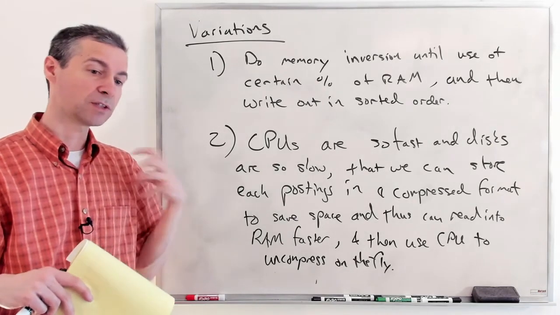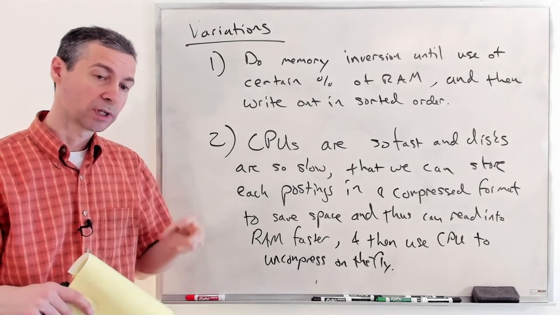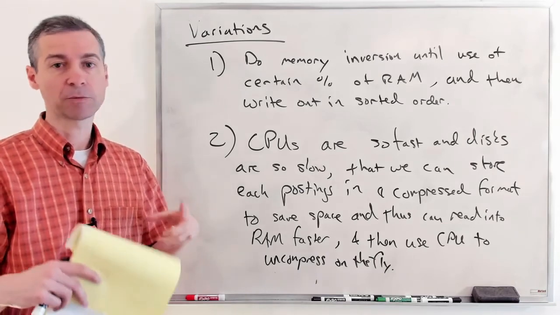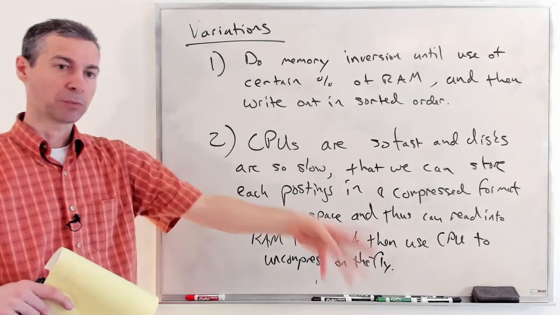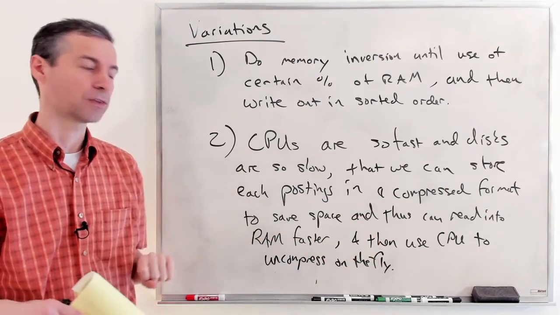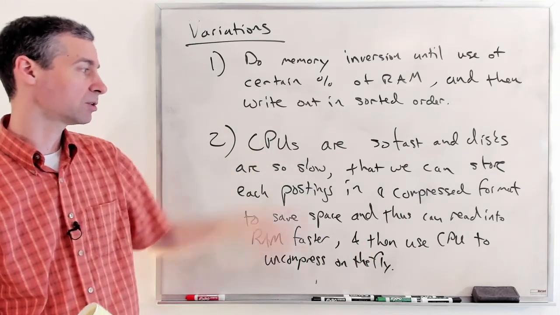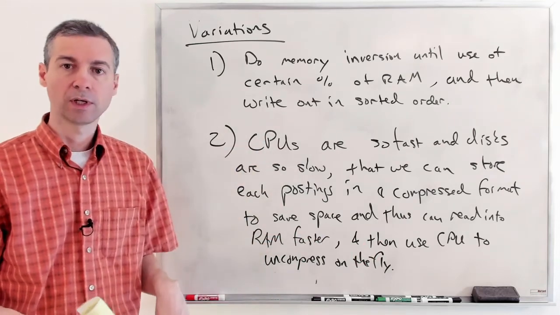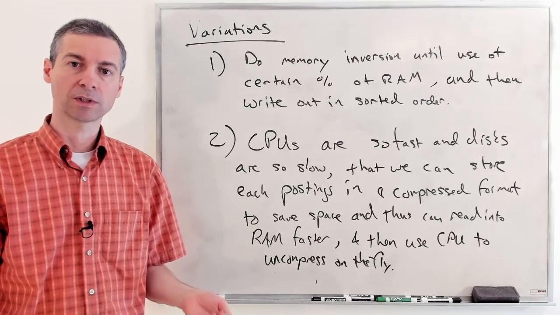Even though you make the CPU do more work, it doing more work is not much actual real time compared to the time saved getting things off the hard drive. So compression is a huge win when we deal with our inverted indices.